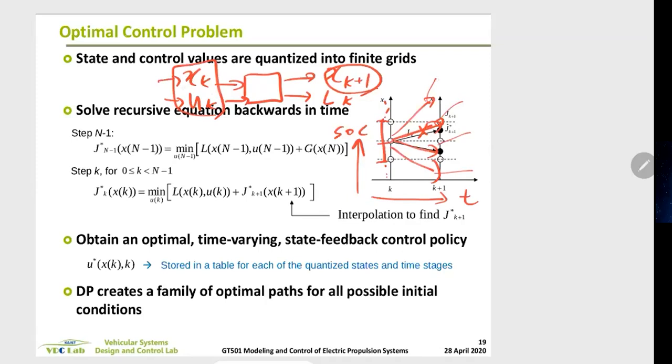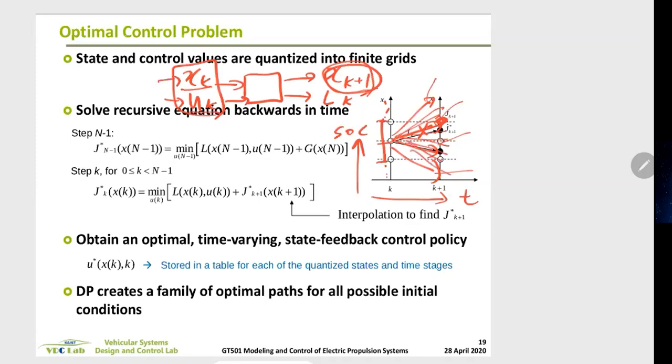And when you put xk and uk and run the simulation, you will get xk plus 1, but it's not going to exactly fall on the grid of X. It can fall anywhere, right?